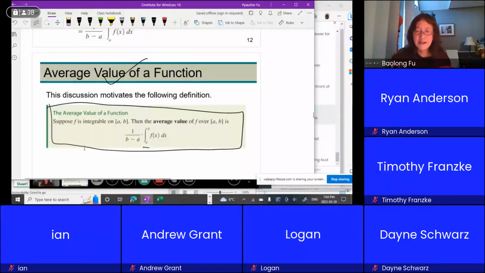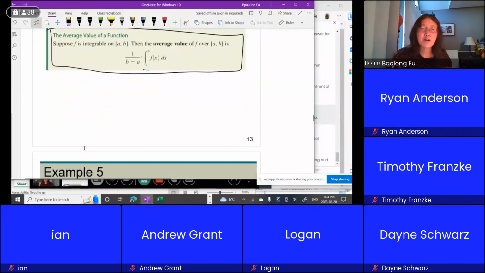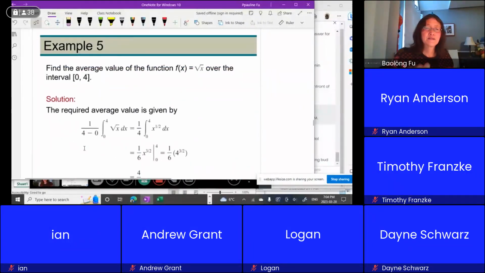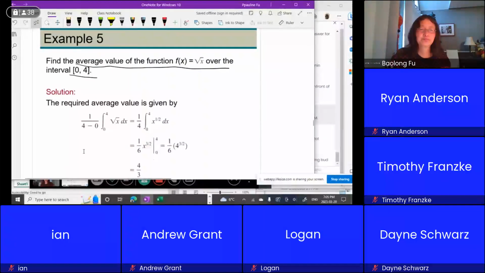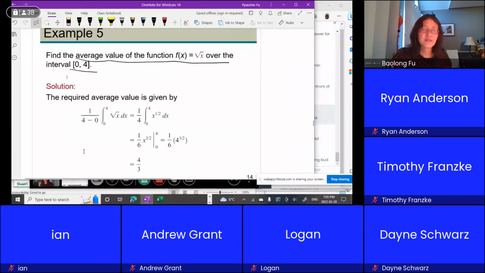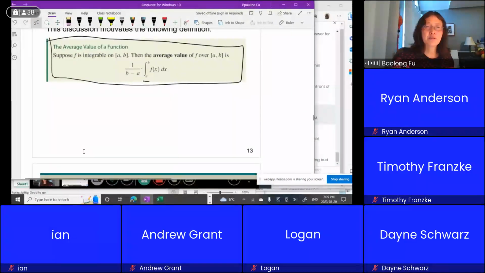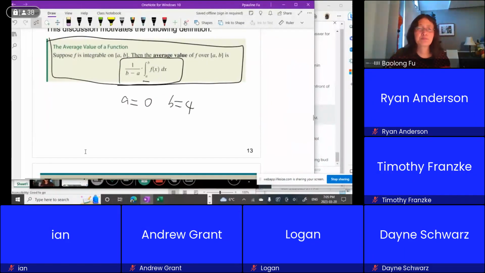Okay, let's take a look at an example. Find the average value of f(x) over [0, 4]. So based on this formula, this is the average, with a equal to 0, b equal to 4 in the example.